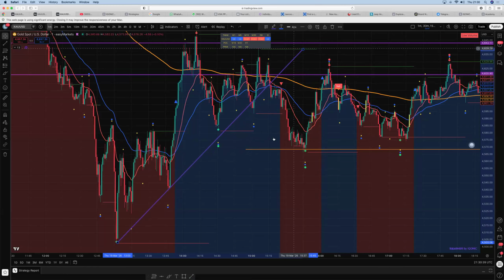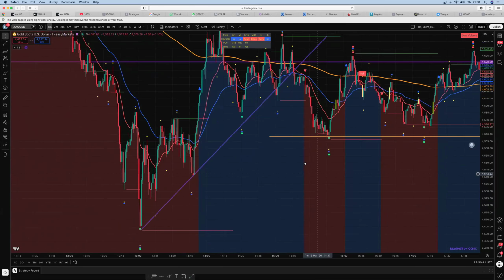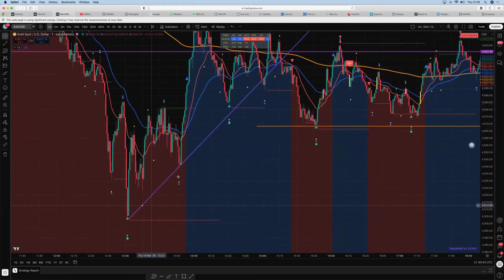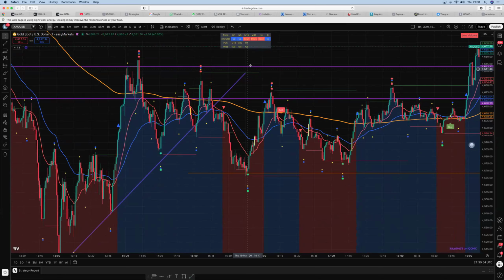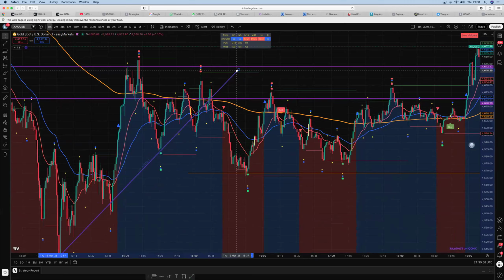I'm just trying to give you an example, right? Look. It didn't come back down. Yeah, it didn't come down. It didn't break this and it didn't break this, right? So therefore, it was inevitable that it was going to go and hit this zone here. These bloody things, they annoy me. Just more here, right? But it hit that price.